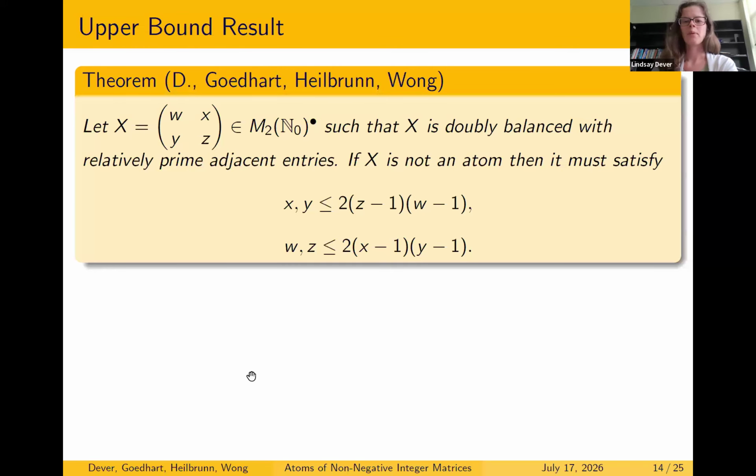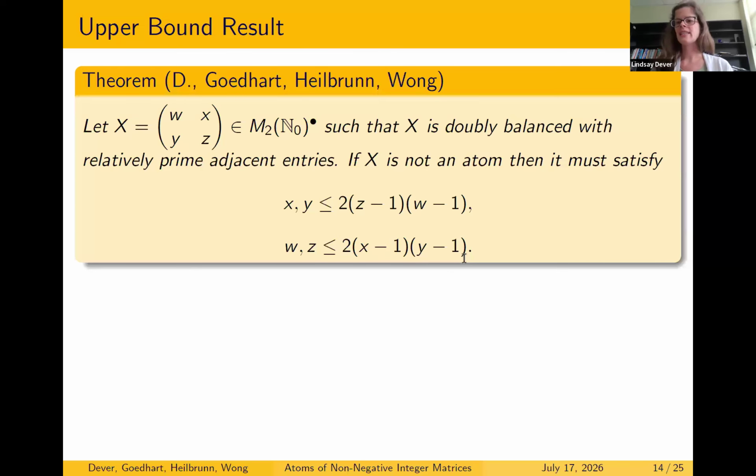We showed these upper bounds on factorable matrices. If X here is not an atom, then it has to satisfy these upper bounds where the off-diagonal entries X and Y are bounded by 2 times Z minus 1 times W minus 1, and the diagonal entries W and Z are bounded by 2 times X minus 1 times Y minus 1.